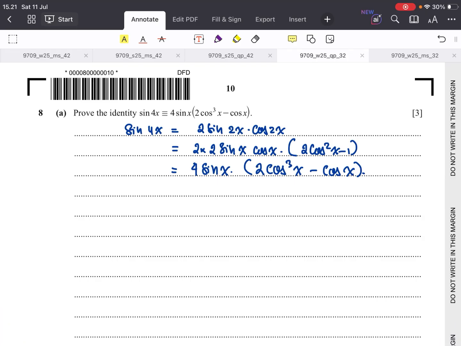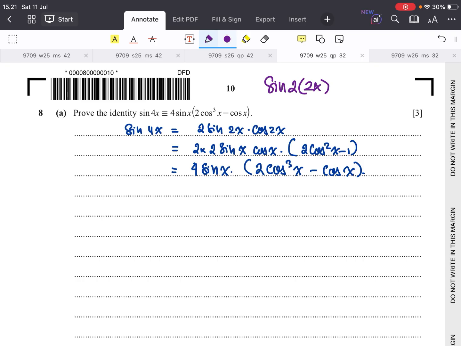Question 8a. Prove the identity sin 4x is equal to 4 sin x times 2 cos cube x minus cos x. So sin 4x, using double angle formula, we can write it into sin 2 times 2x.